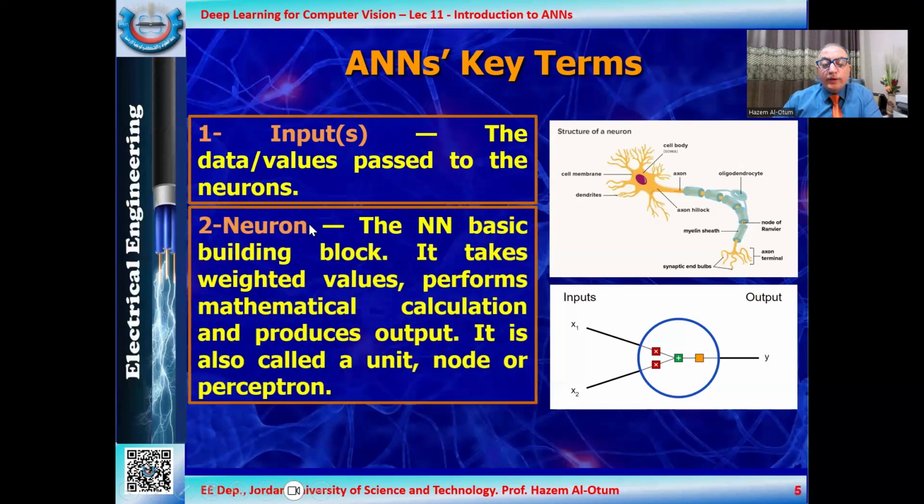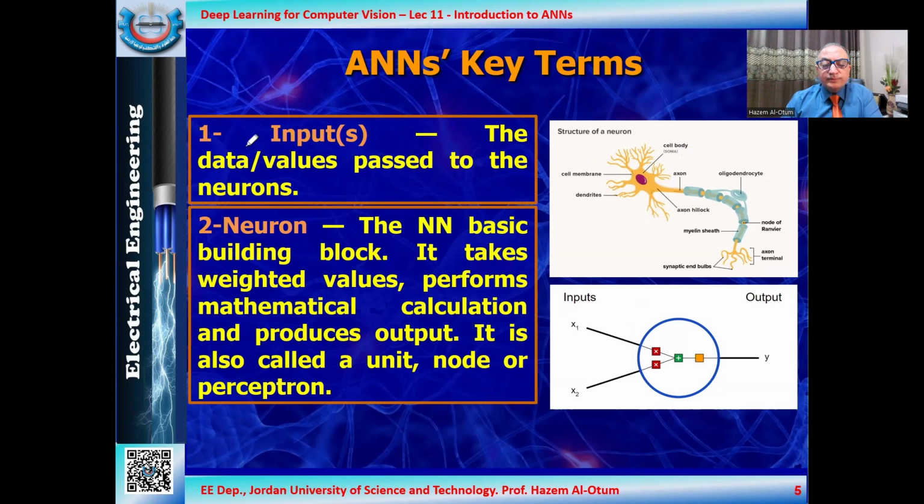Next, we can have the neuron part. Here, the main neural network building block is the neuron itself. It takes the weighted values from the inputs and applies specific mathematical operations. So we take the inputs from here. We process these inputs in the neuron. And usually what is going on inside here, we can understand as a sort of weighting or applying some sort of balancing of the parameters according to specific weights.